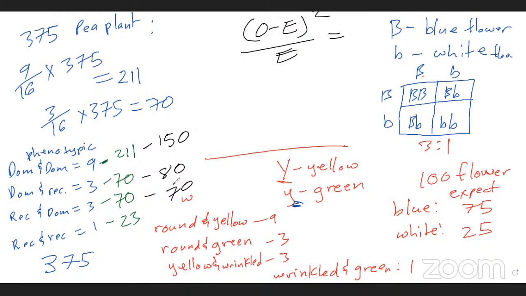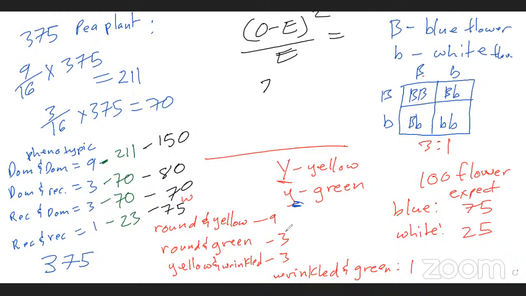For the first one I get 61. You divide it by the expected number.